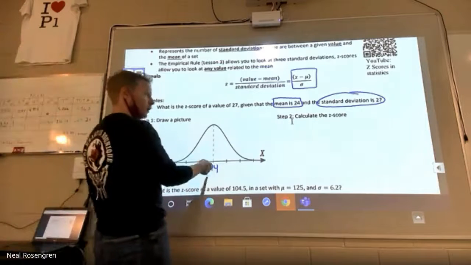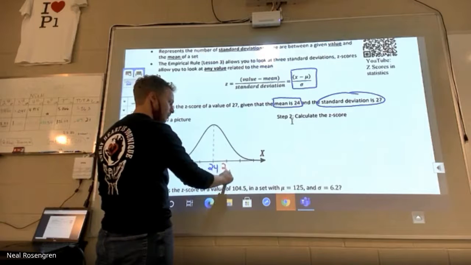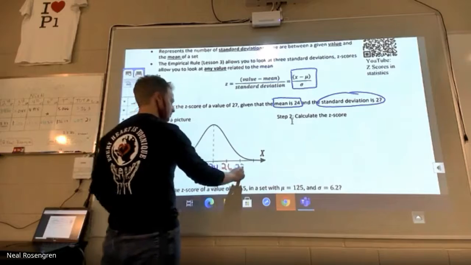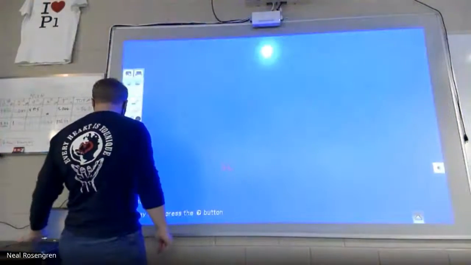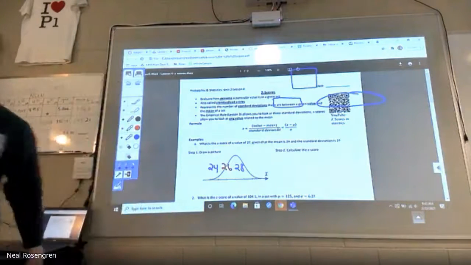So 24 is my average. Standard deviation is 2. Let's go up 2, and then up another 2.